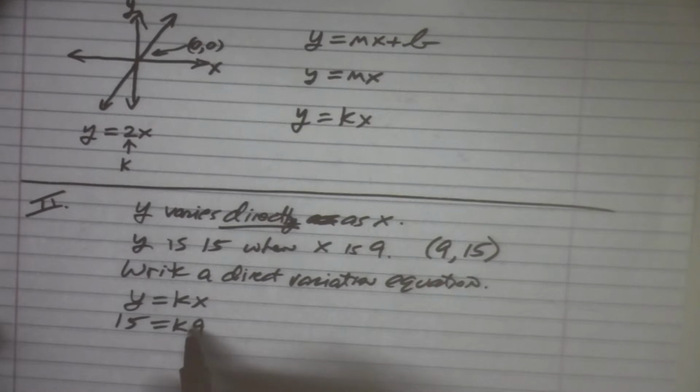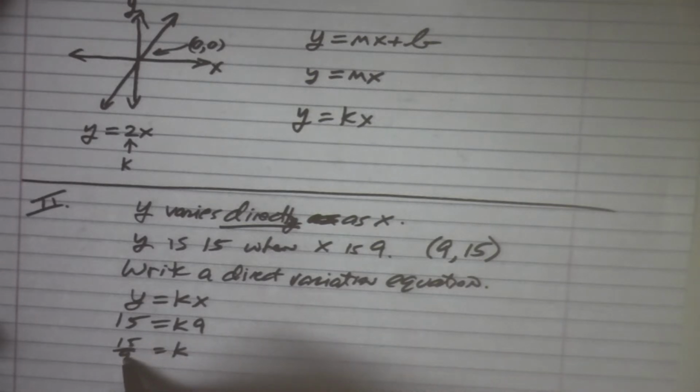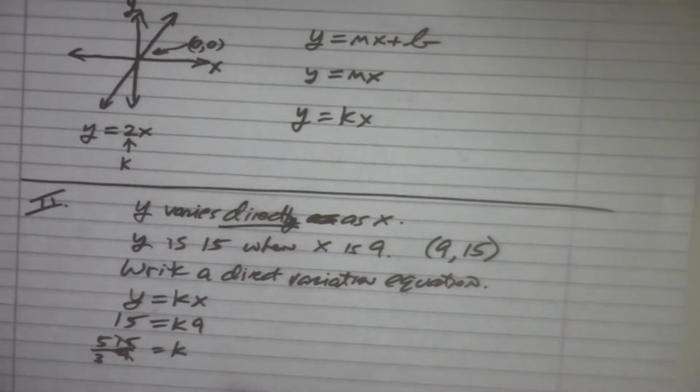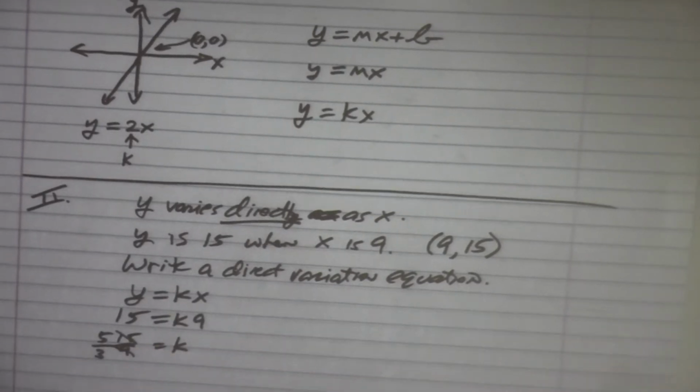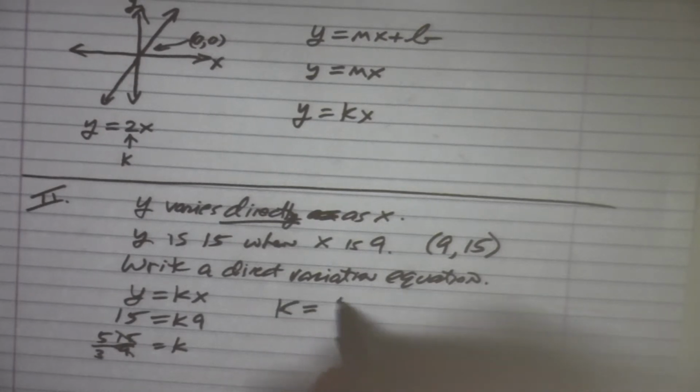Divide by the 9, and I get 15 over 9 equals k. Let's reduce that. 3 goes into 15 5 times, and into 9 3 times. So I'm going to do 5 over 3. Let me say k equals 5 over 3.